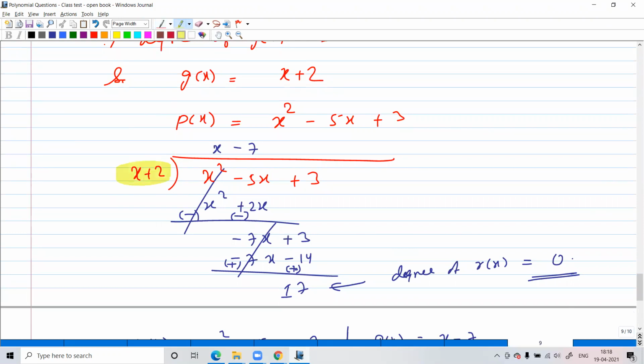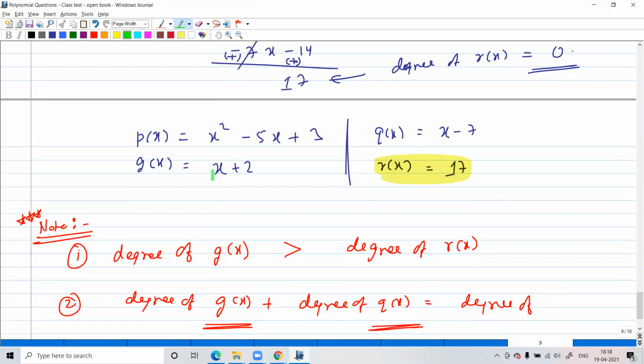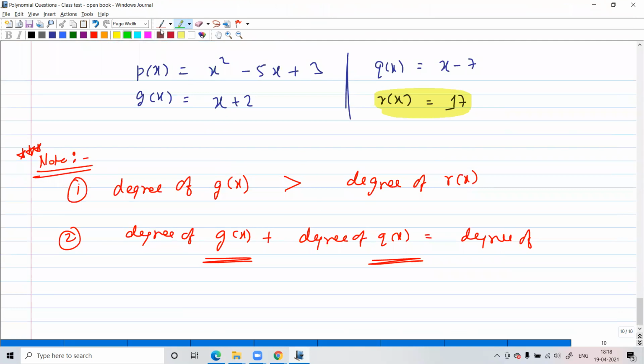See, when you multiply the quotient and the divisor, only then do you get your p(x), right? So when you multiply these two, what will happen? The degrees will get added, right? So the degree of p(x) is actually nothing but the sum of the degrees of g(x) and q(x). So if you just remember these two rules, you should be able to solve those three questions over there. Okay.